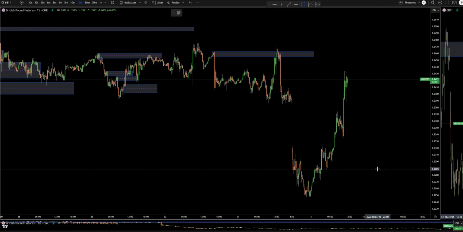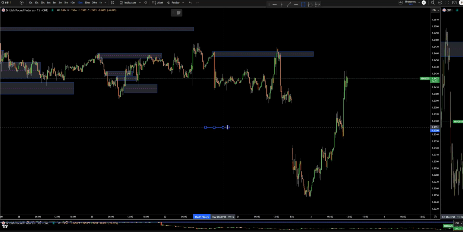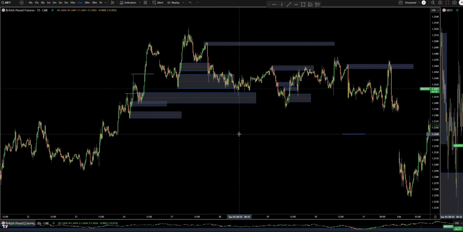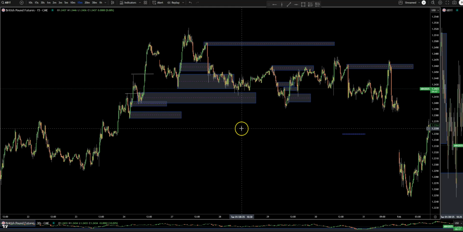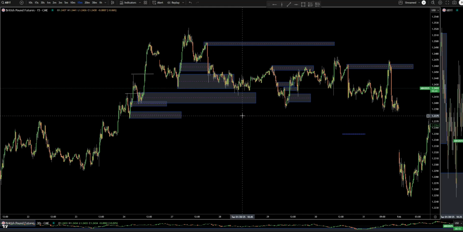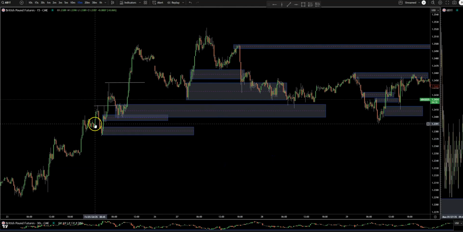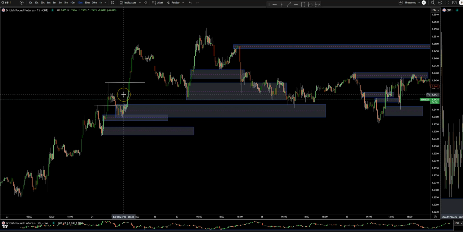So here's a really, really brief, simple theory on what supply and demand is. It is the area that price started a move from that broke opposing structure.